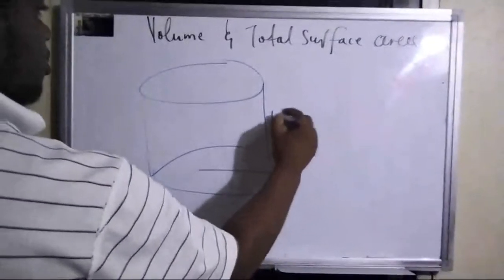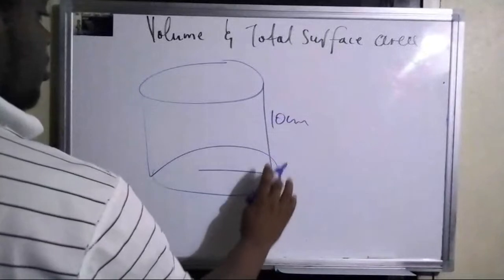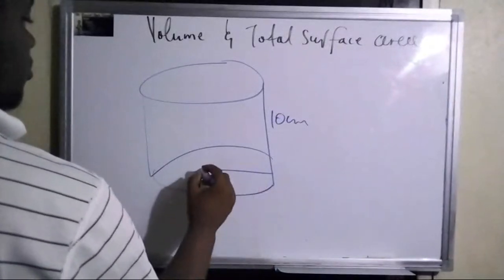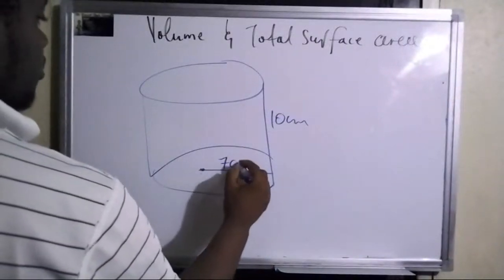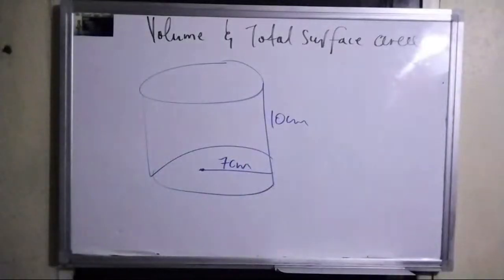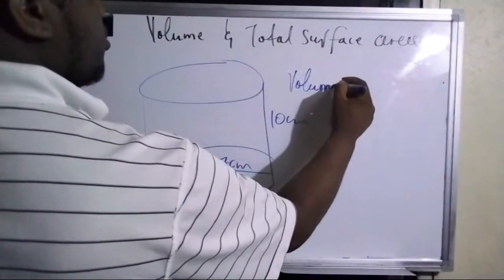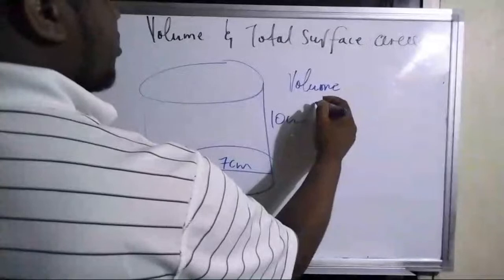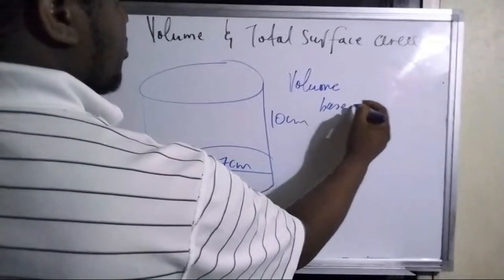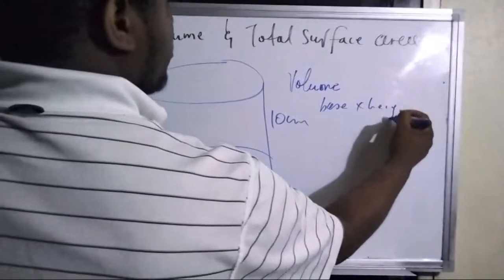Alright, let's just say the height is 10 centimeters. I'm going to try and make it as simple as possible. And the radius of 7 centimeters. Now, as I say, volume is finding the area of the base times the height. So the base is a circle and we times it by the height.